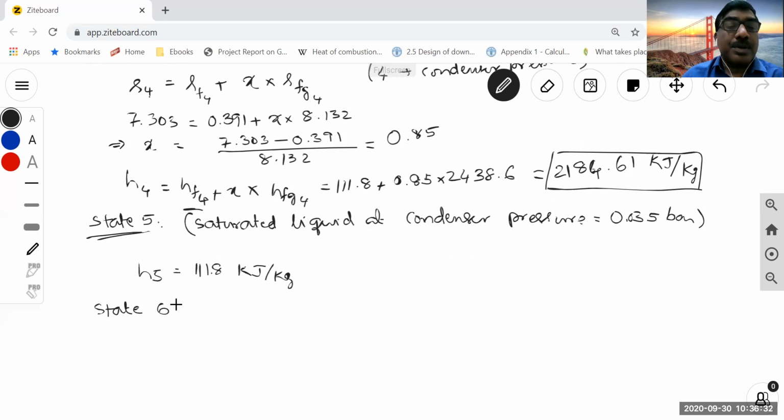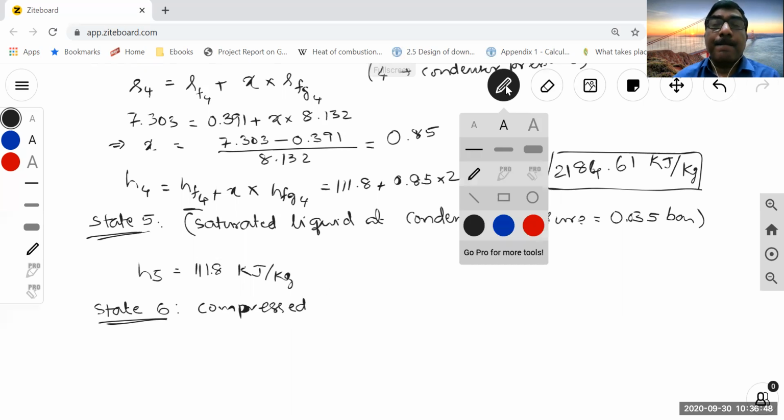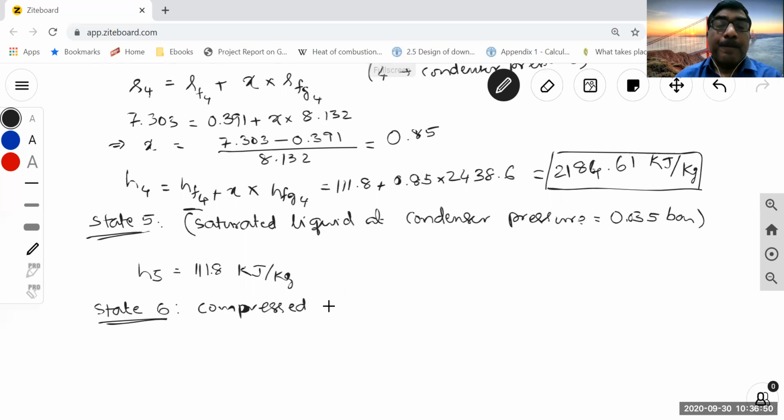State 6. Okay, so here what is this one? This is compressed liquid.